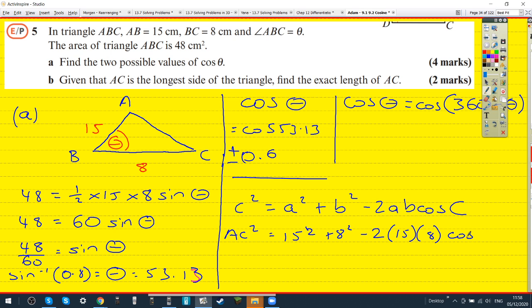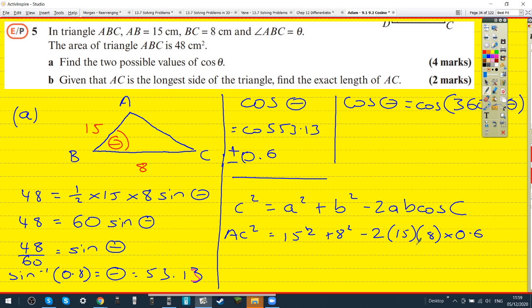What is cos theta? You could just put 0.6. Brackets 0.6. And then you can work that out. 15 squared add 8 squared minus 2 brackets 15, which gives you 145.